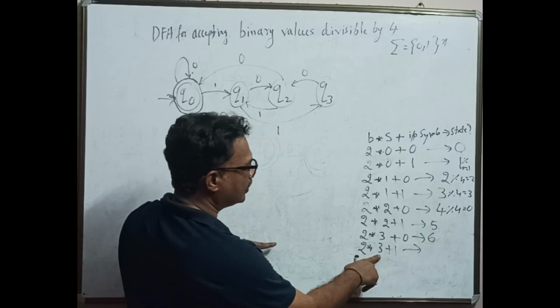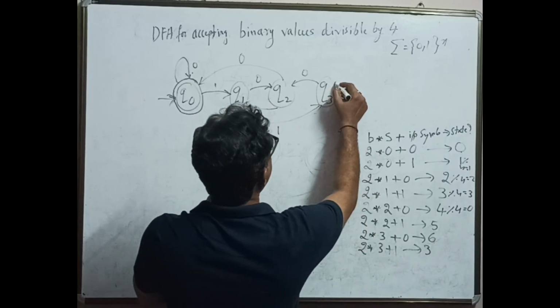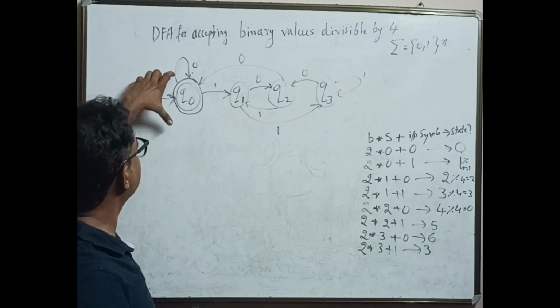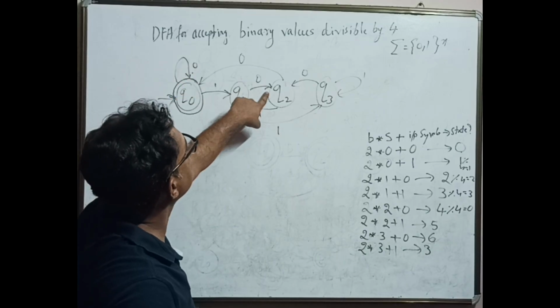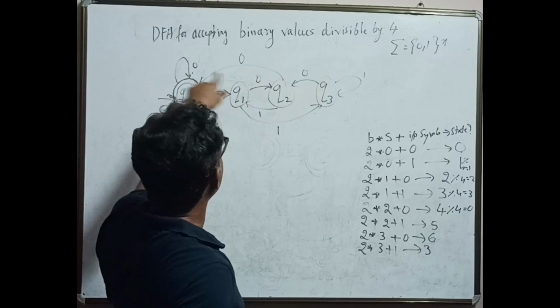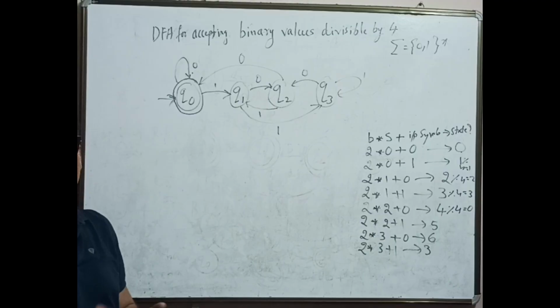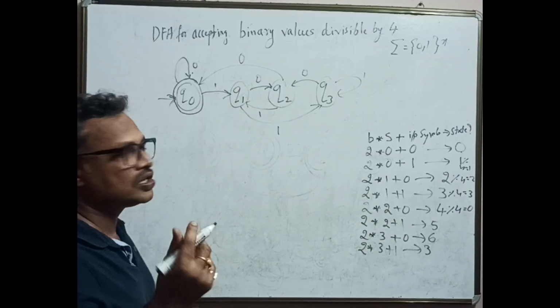That is 2 into 3, 6, 6 plus 1, 7, and 7 mod 4 is 3. It stays in the same state. Now Q0 has read 0, 1, Q1 has read 0, 1, Q2 has read 0, 1, Q3 has read 0, 1.